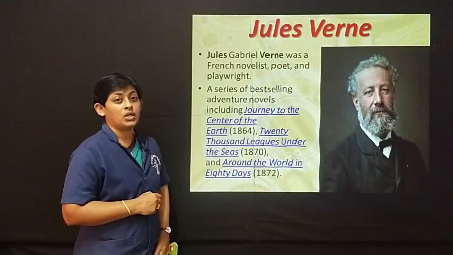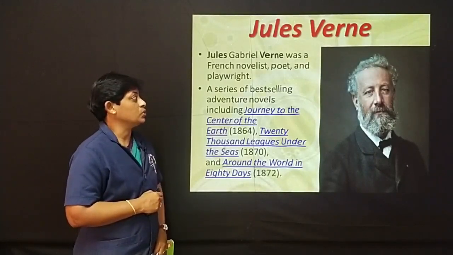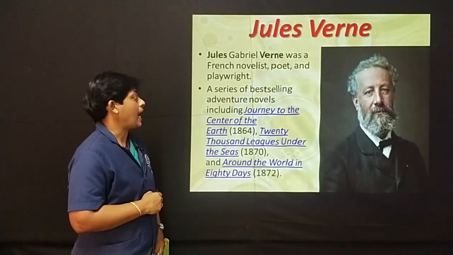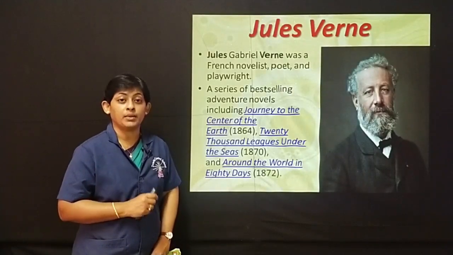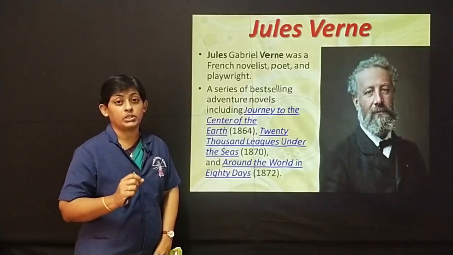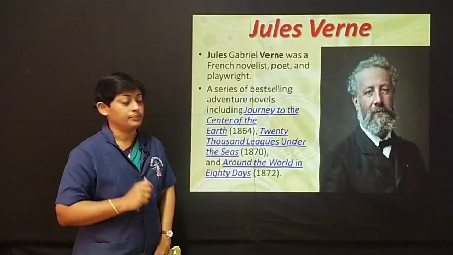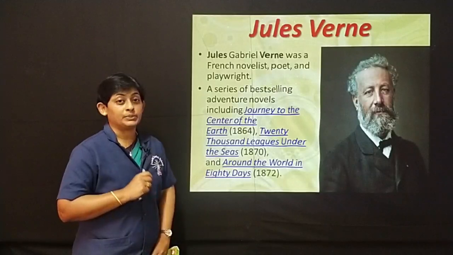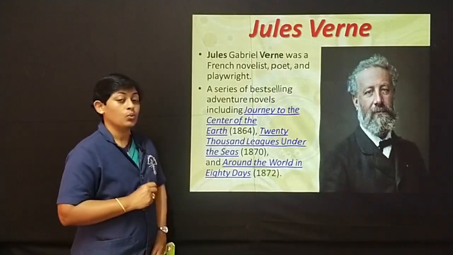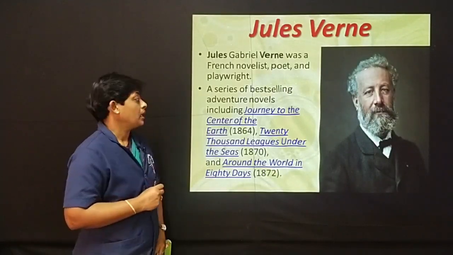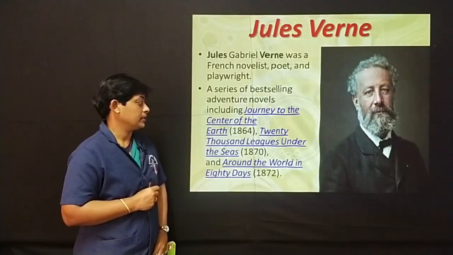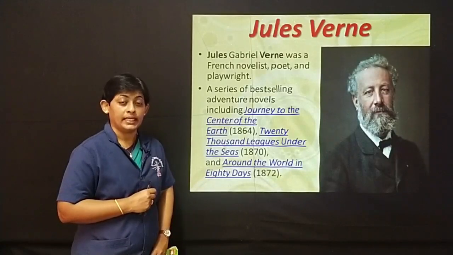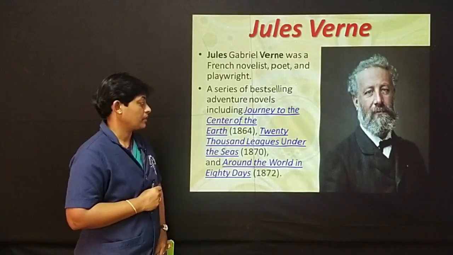Jules Gabriel Verne was a French novelist, poet and playwright. He is a French novelist, that is a person who writes novels. Novels are fictional. His best-selling novels were adventurous, and include Journey to the Center of the Earth, written in 1864.